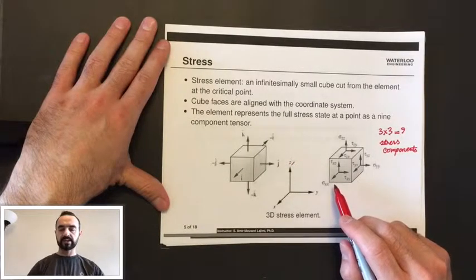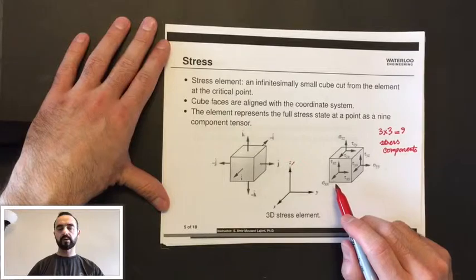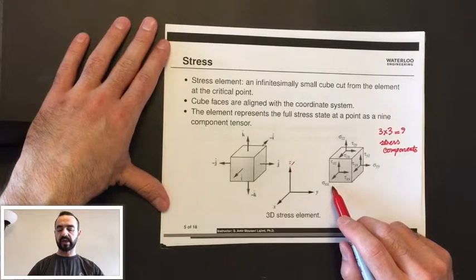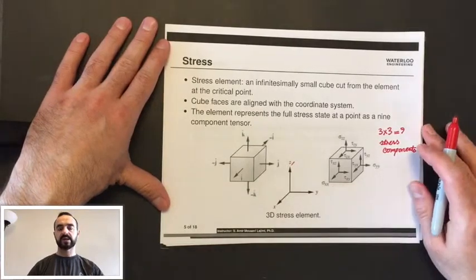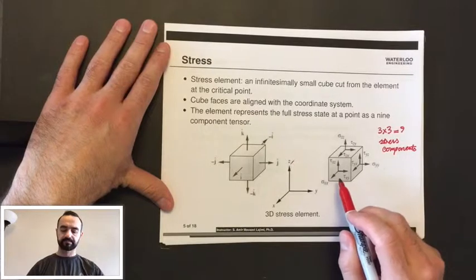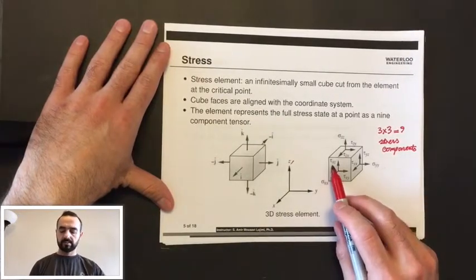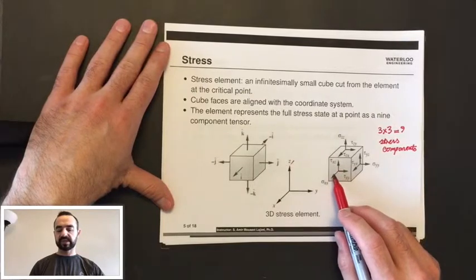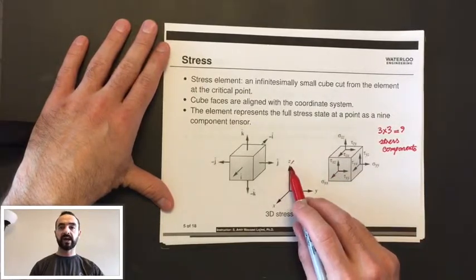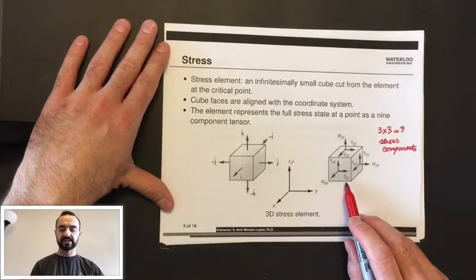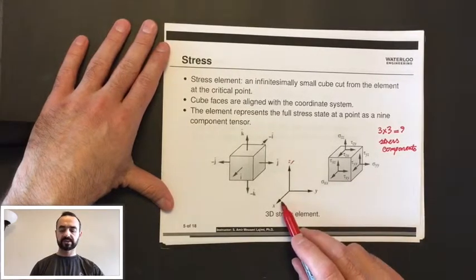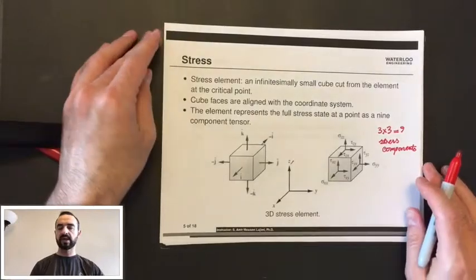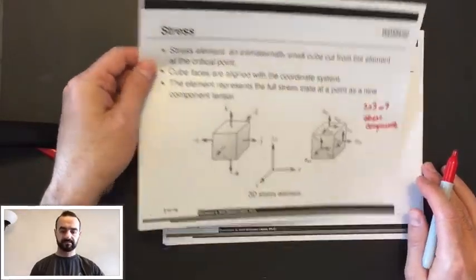The normal component is always along the corresponding coordinate axis, meaning that for the plane x, sigma xx is along the x-axis. Tau xz represents the shear stress on plane x along the z-axis, and tau xy represents the shear stress on plane x along the y-axis.